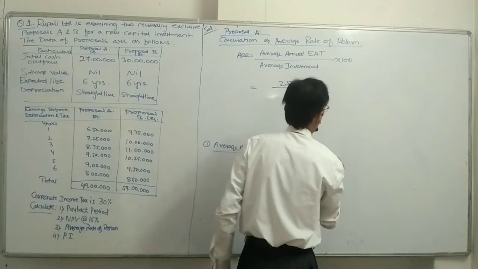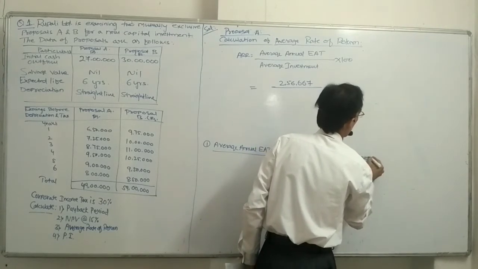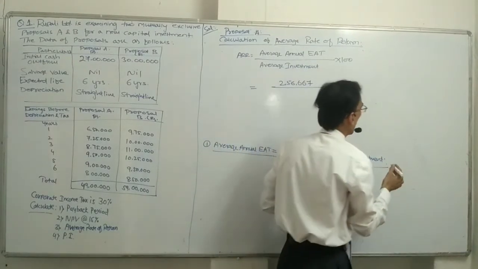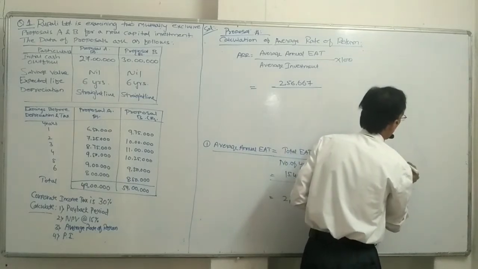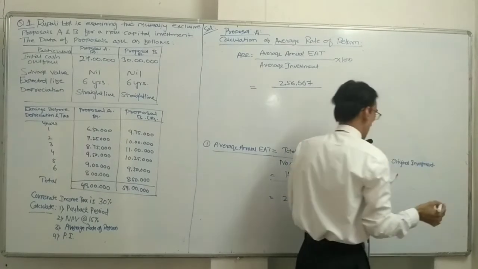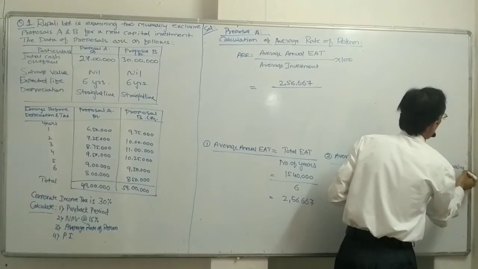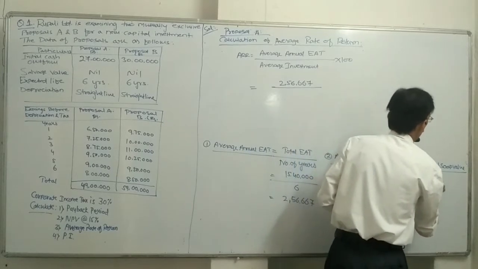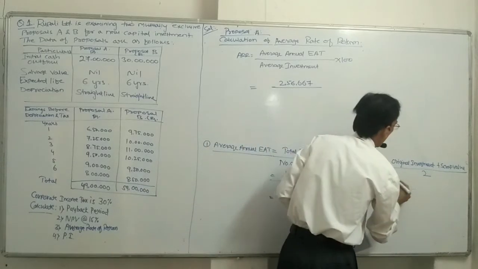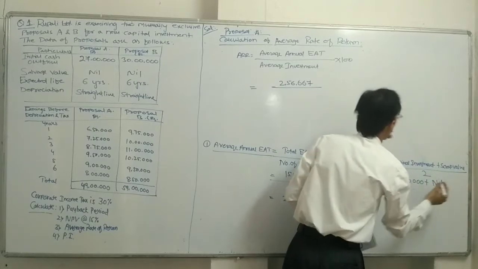Now we need to calculate average investment. And the formula for calculating average investment is original investment plus scrap value divided by 2. Now the original investment in project A is rupees 27 lakh plus scrap value is nil.